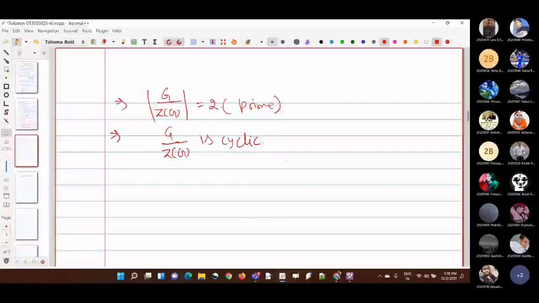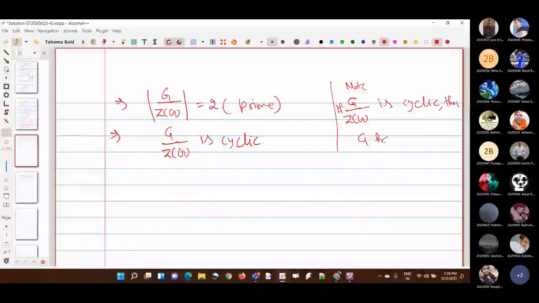And you know another result: if G by Z(G), that is, G modulo its center, is cyclic, then G has to be abelian. So this implies that G is abelian.